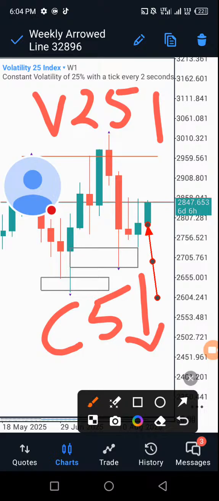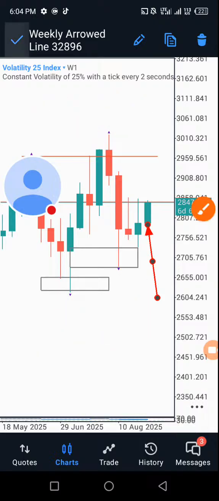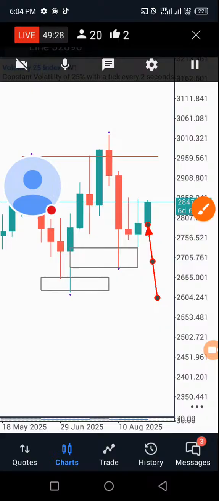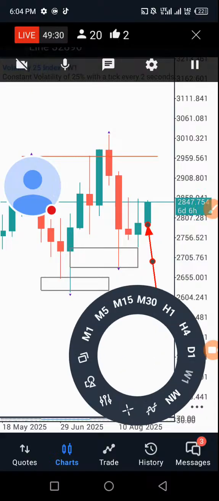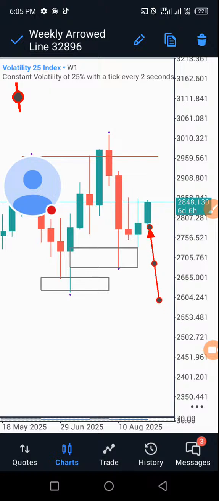Because so far so good, the area of analysis has been pushing us upward on VIX 25, right? And then this week's candle starts with a very small sell, which is very insignificant. You can see the buying pressure now.